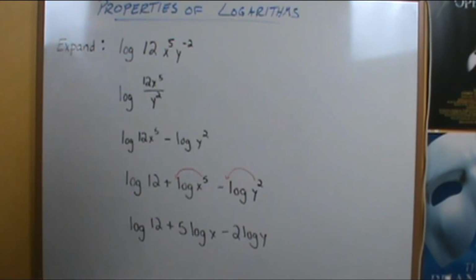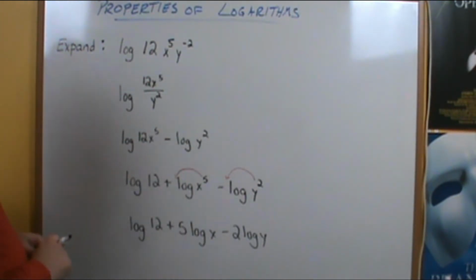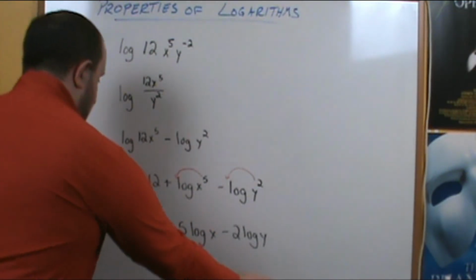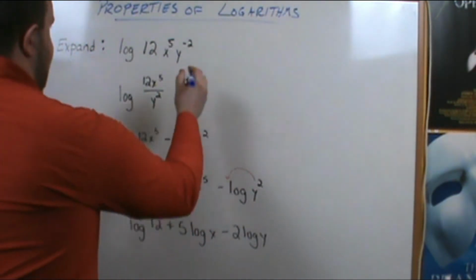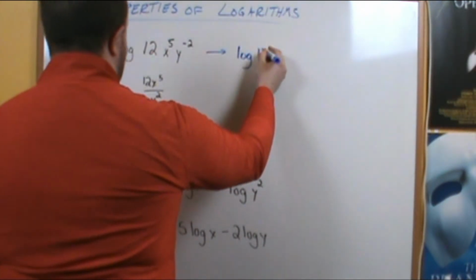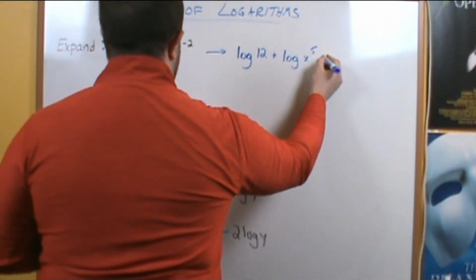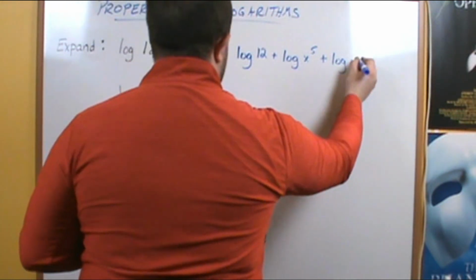You could do it using the product property right away. And if you didn't keep your exponents positive, this here would turn into log of 12 plus log of x to the fifth plus log of y to the negative 2.